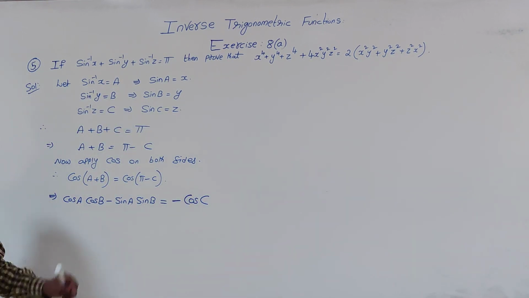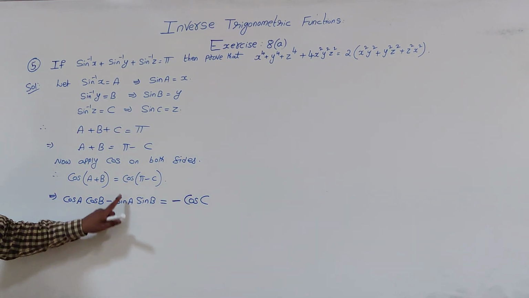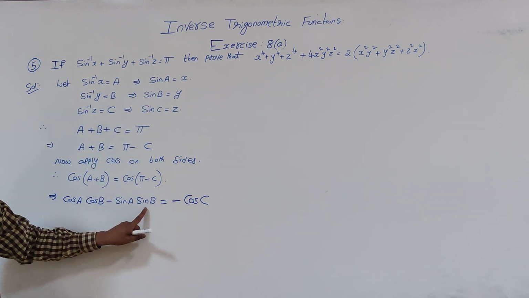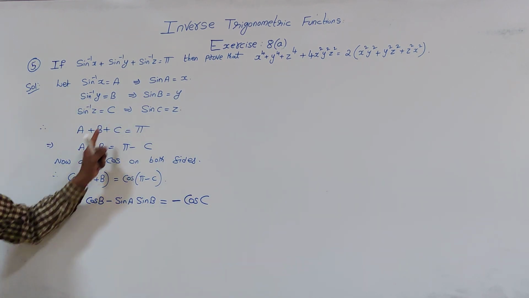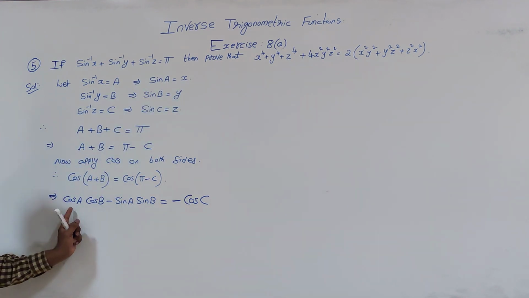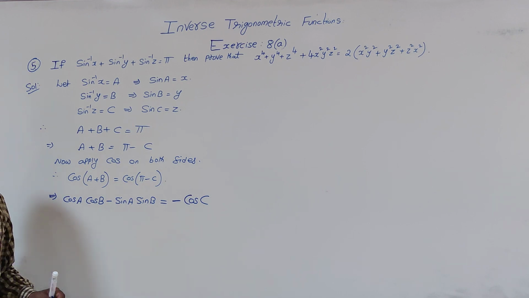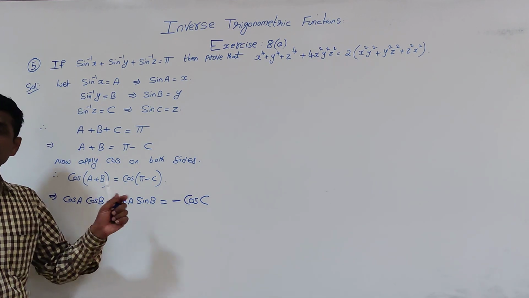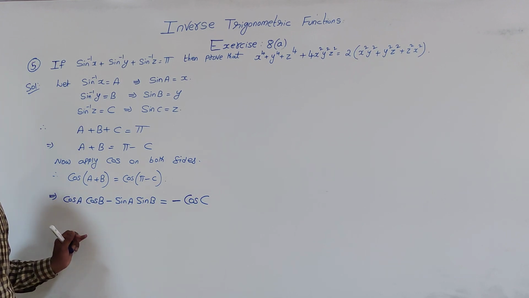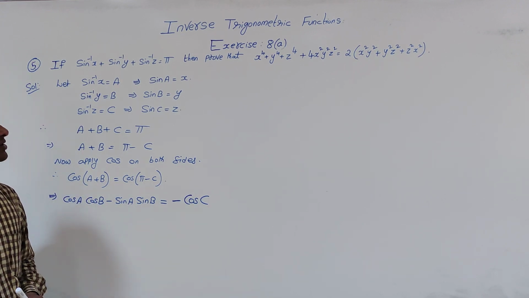Now substitute the values. As we know, sin A is x, sin B is y. And what will be cos A? If sin A is x, what is cos A? From the identity, sin square theta plus cos square theta is 1, cos square theta will be 1 minus sin square theta, or cos theta will be under root of 1 minus sin square theta.